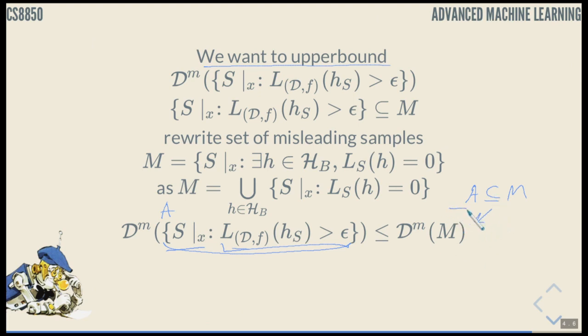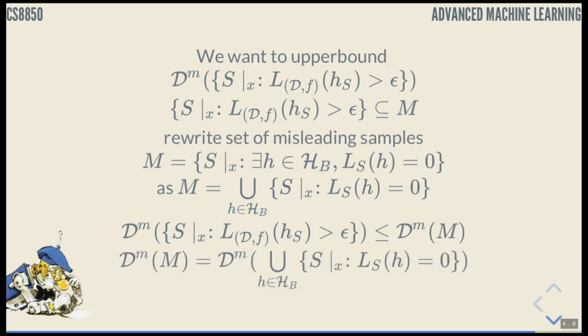From this follows that the probability of A is less than or equal to the probability of the set of misleading samples. But then we rewrite the probability of the set of misleading samples as the probability of this union, because that's the same. The misleading set defined either way is the same.